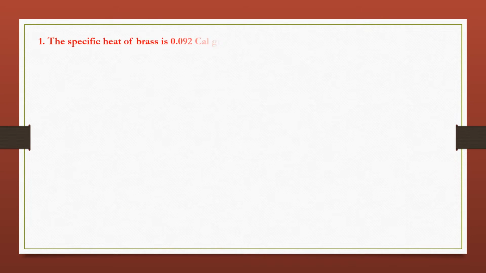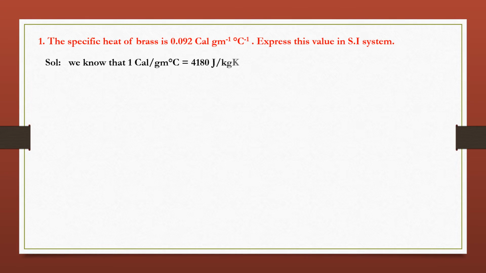The specific heat of brass is 0.092 calorie per gram per degree Celsius. Express this value in SI system. We know that 1 calorie per gram per degree Celsius is equal to 4180 joule per kg per Kelvin. So 0.092 calorie per gram per degree Celsius is equal to 4180 into 0.092 joule per kg per Kelvin.